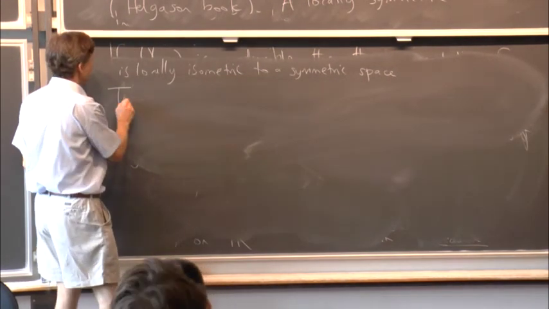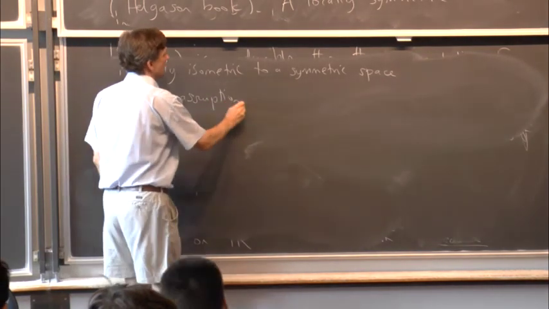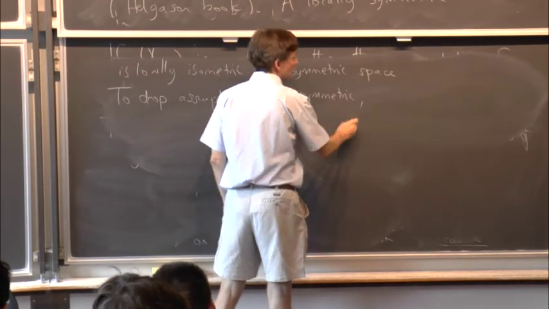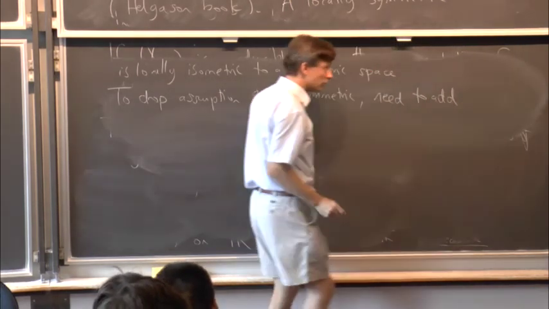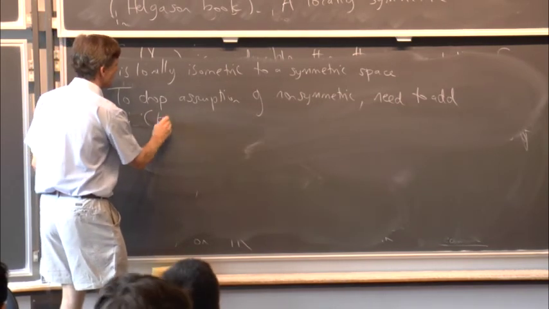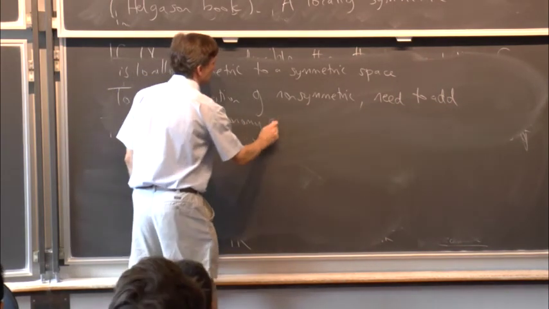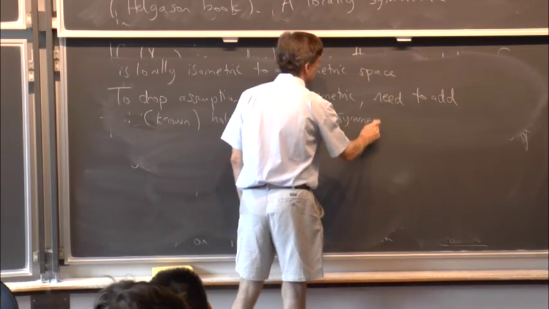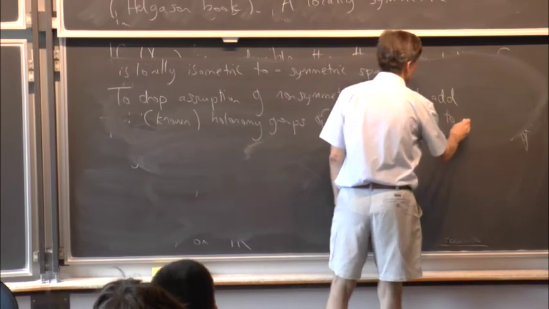So to drop the assumption that g is non-symmetric, you need to add the holonomy groups of all symmetric spaces, these are the known holonomy groups of symmetric spaces, to our list.